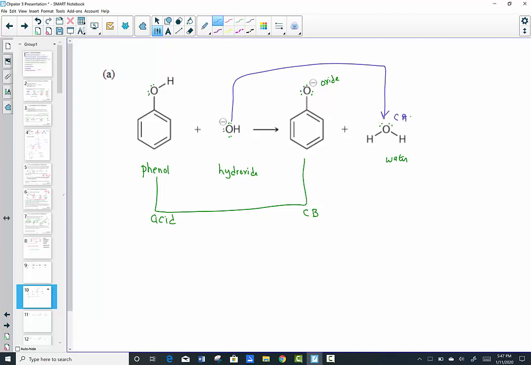Once you have them labeled, you know which direction to originate the arrow and in which direction to point. The arrow originates at the base. So think about this polar bond making this hydrogen very positive in terms of the electron distribution.